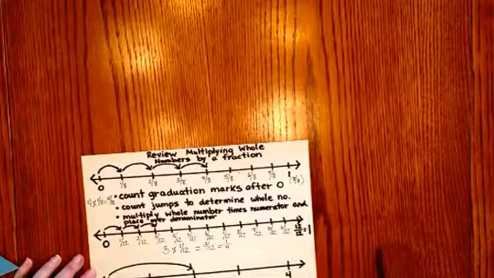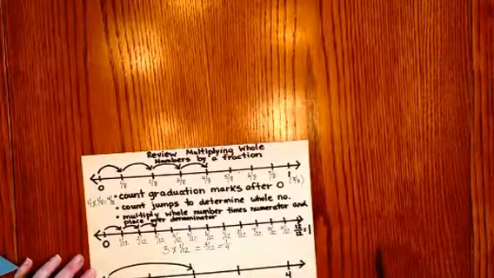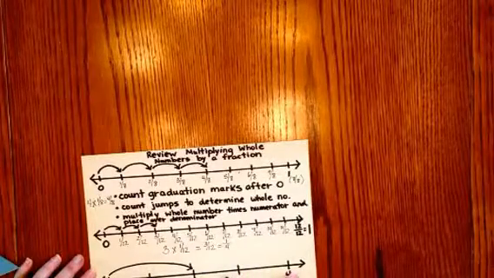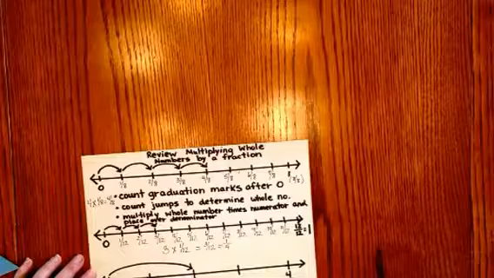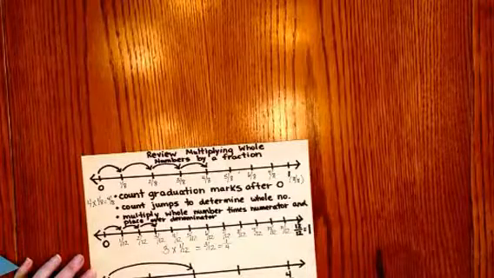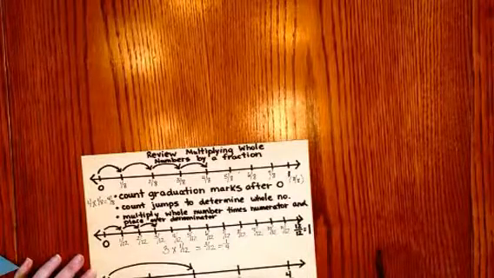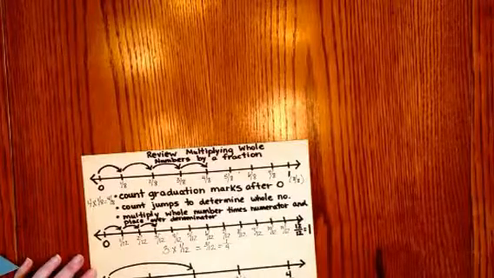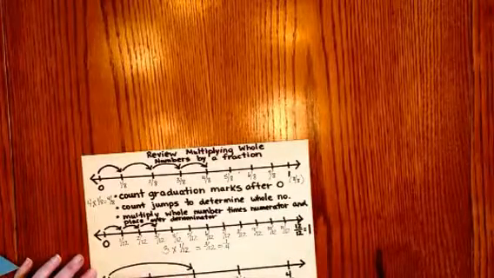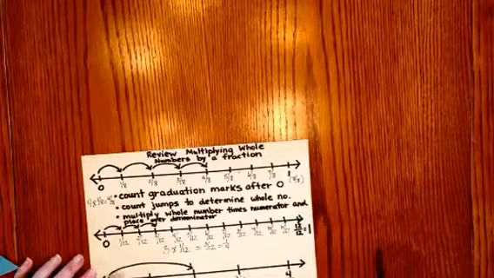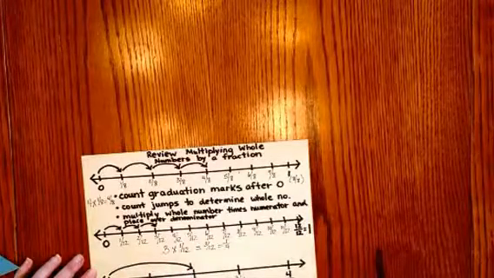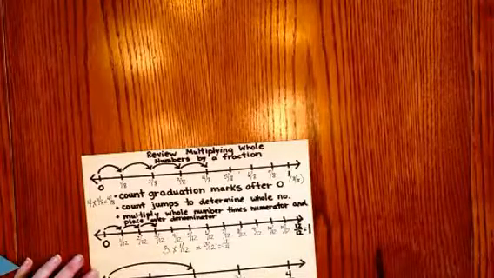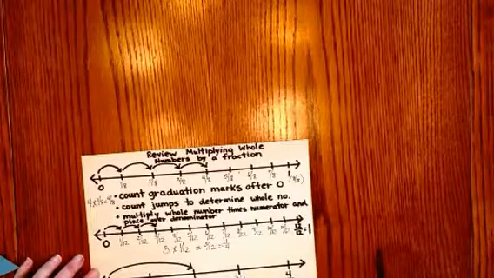Okay, let's take a look at the last one down here at the bottom. Count my graduation marks. 1, 2, 3, 4. So my denominator is 4, so this will be 1/4, 2/4, 3/4. Now notice that this one I have jumped 2 places, because I skipped this one.